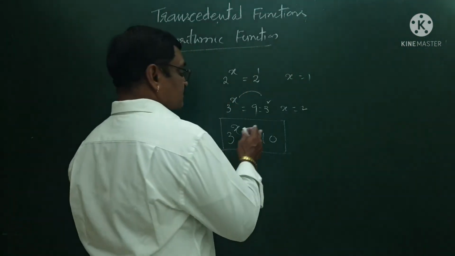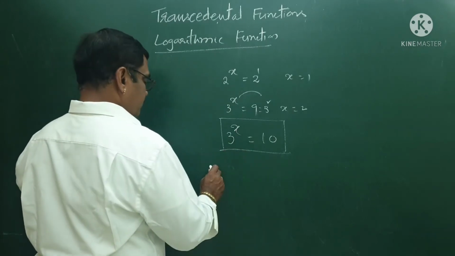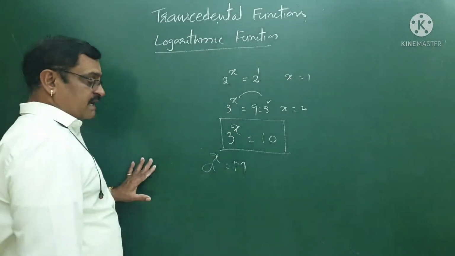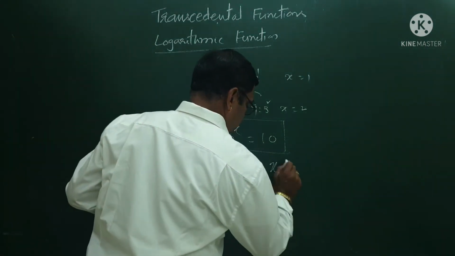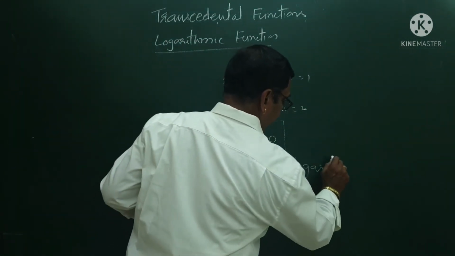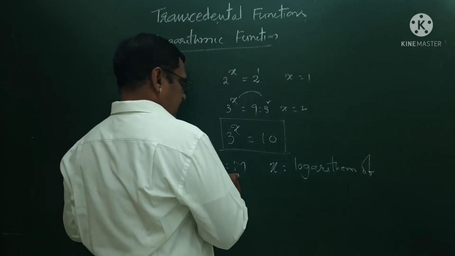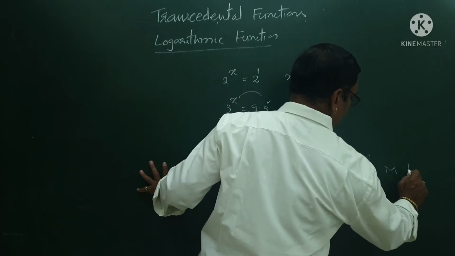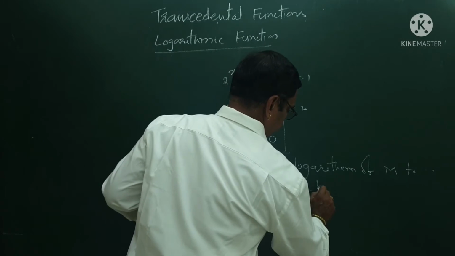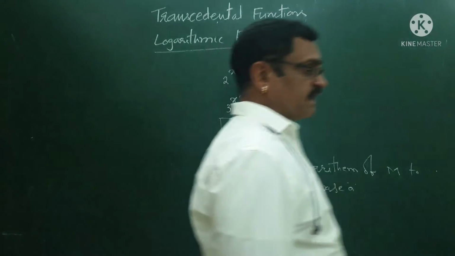Whenever you have 3 power x is equal to 10, or instead of 3 power x, I'll go for a power x is equal to 10, then this x is called the logarithm of m to the base a. Is it okay? So let me write that one.